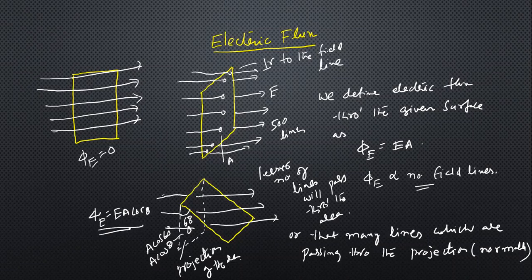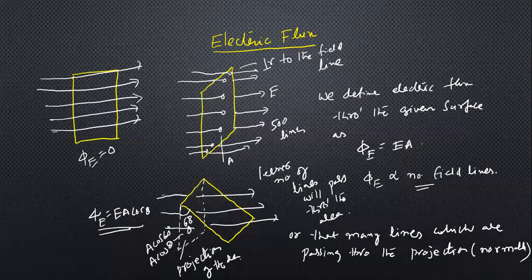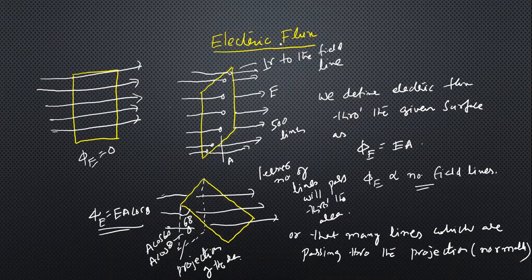Flux is basically a mathematical replacement for what? Number of lines. Because number of lines is very subjective. There's nothing like fixed number of lines we can draw anytime. We can draw as many lines as we want.